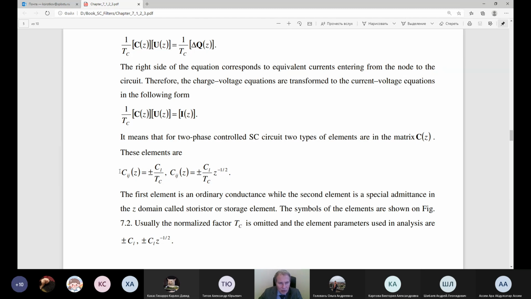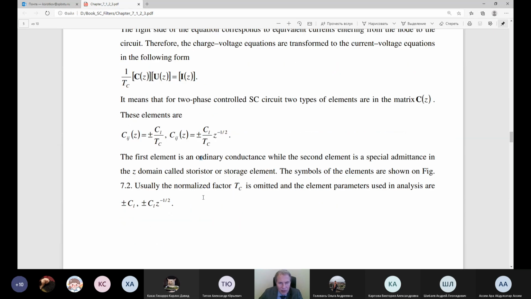You see that the first element corresponds to the resistive element, and the second corresponds to the storage element, элемент задержки, and the time delay corresponds to half of the clock period, you see, and this is exactly the time of the phase. То есть в точности соответствует при том варианте управления, который мы рассматриваем, половинки. Вот, собственно, это как раз та самая 1/2, которая возникает, когда из индекса k вычитается половиночка, да?